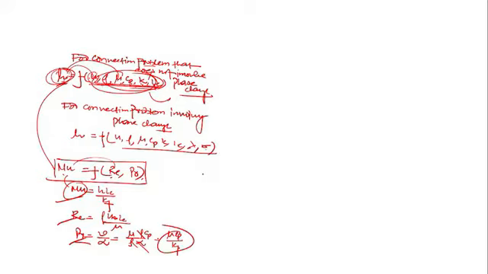And that's why there is a method called dimensional analysis. We reduced the number of variables into only 3 numbers: Nusselt number, Reynolds number, and Prandtl number. The functional relationship between them can be found by experiment, in the form Nusselt number equals C into Re to the power m into Prandtl number to the power n, where C, m, and n are constants.